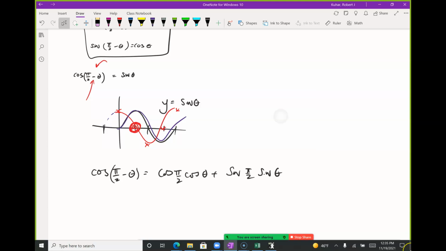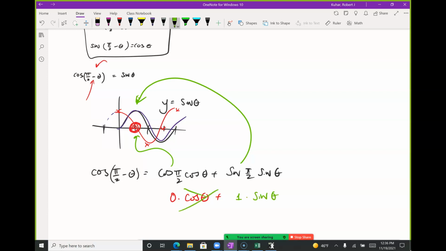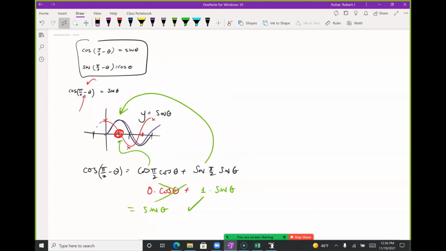What height? 0. What's the sine of pi over 2? 1. So I just get sine of theta, right? So there's nice little identity problems to do there.